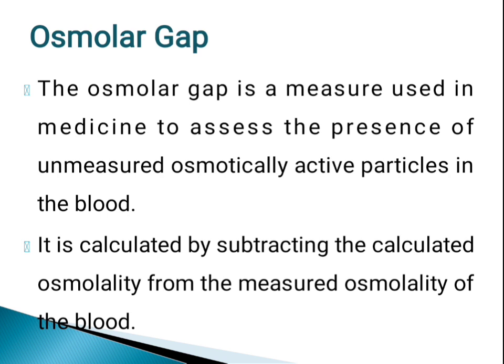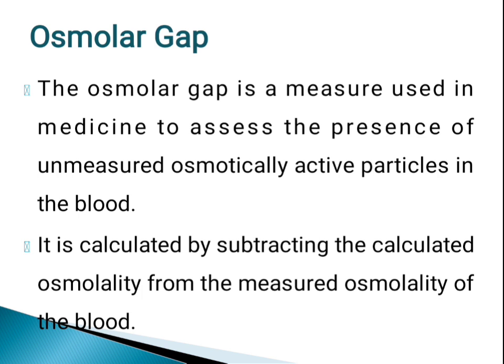Now, in a patient, if you measure the patient's blood sodium, potassium, blood glucose level and blood urea level, then you also can calculate the patient's plasma osmolality. If there is a gap between the calculated value of a healthy individual's plasma osmolality and the patient's plasma osmolality, then we say there is an osmolar gap present.